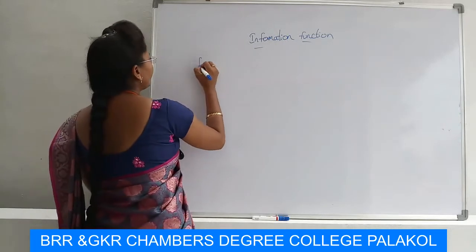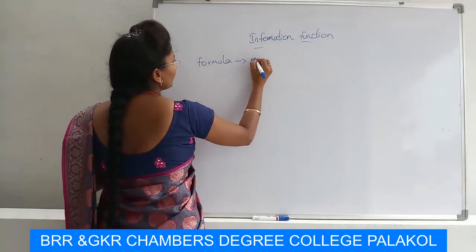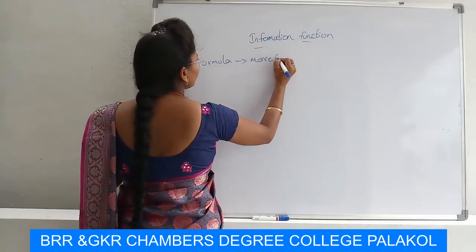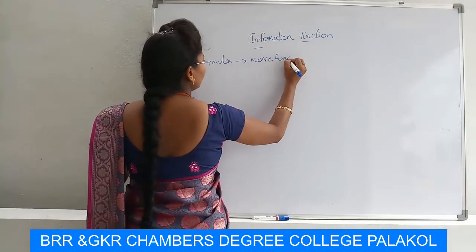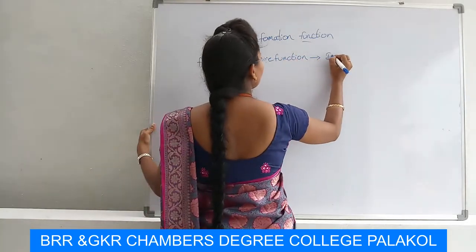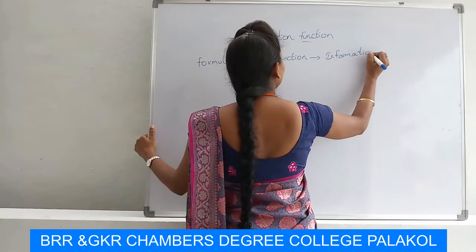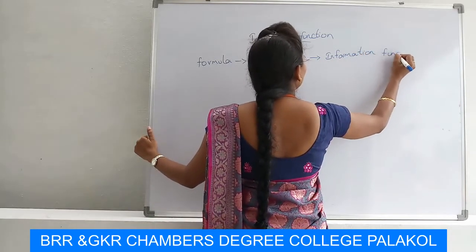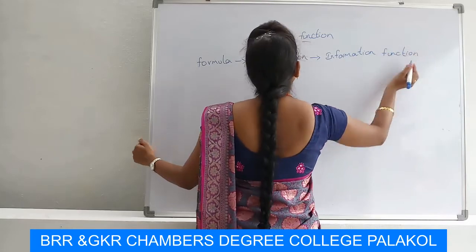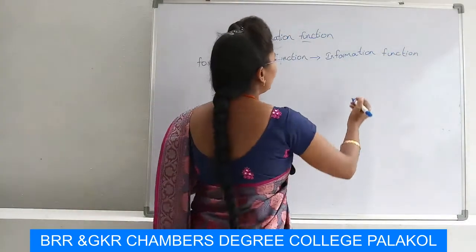How you can open it in the Excel sheet is the same process for all: formula, more functions, and then information function, or click on the formula and directly it will appear as an information function.